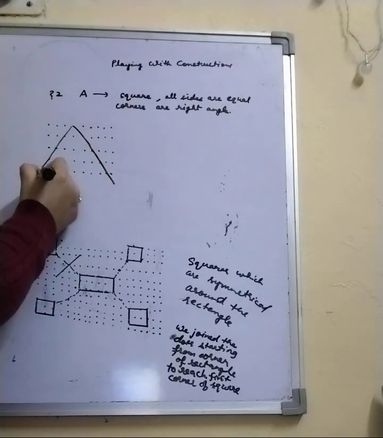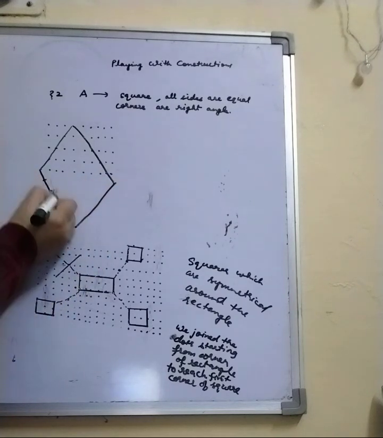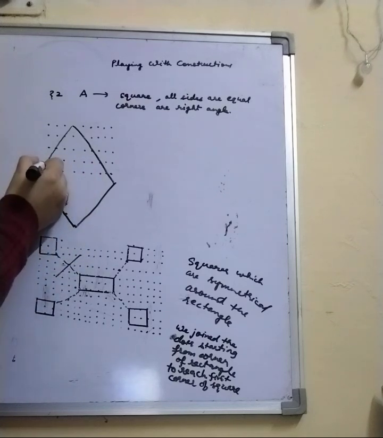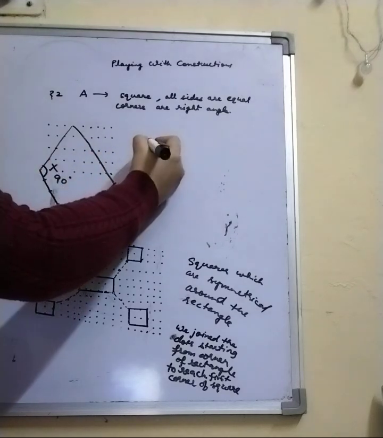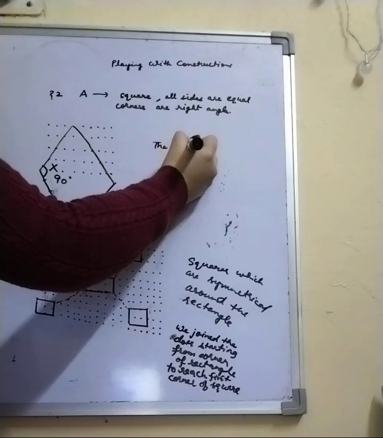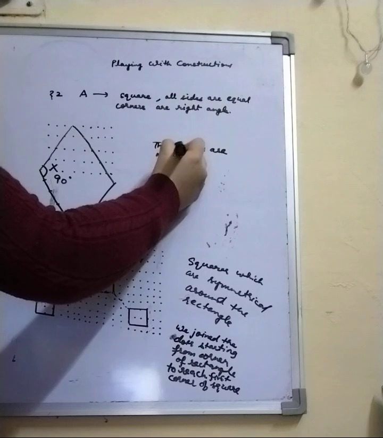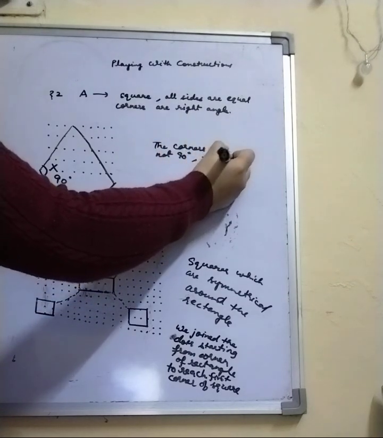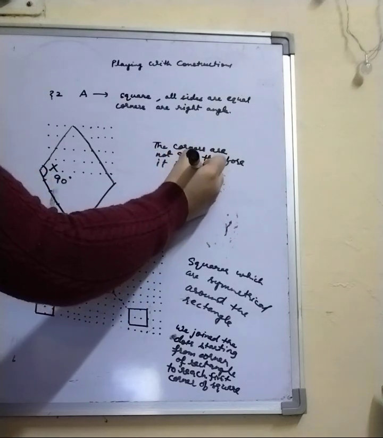So the dots are the same, 5 points, but the angles are not 90 degree. So you can say that the corners are not 90 degree, therefore it is not a square.